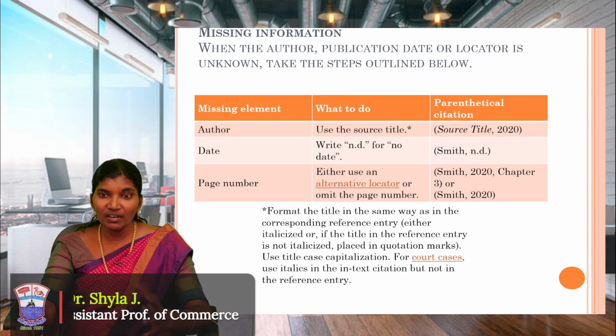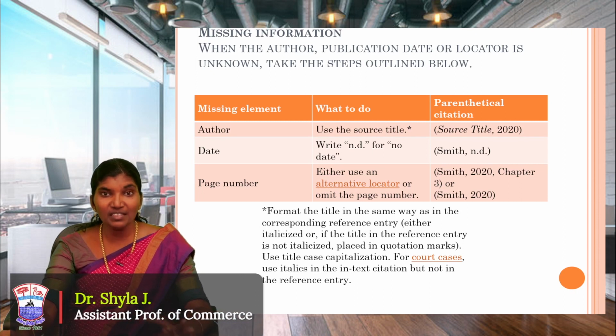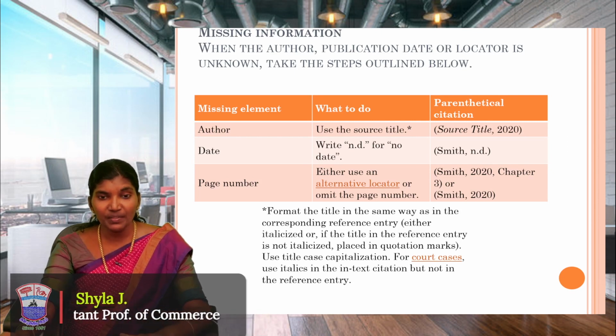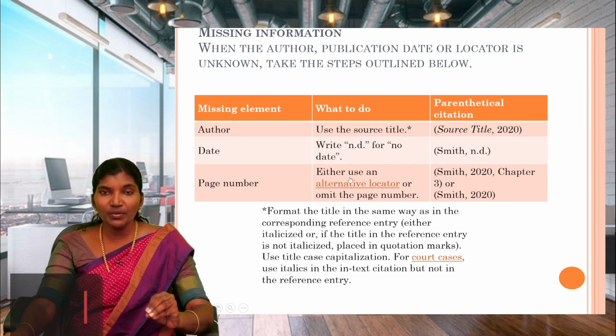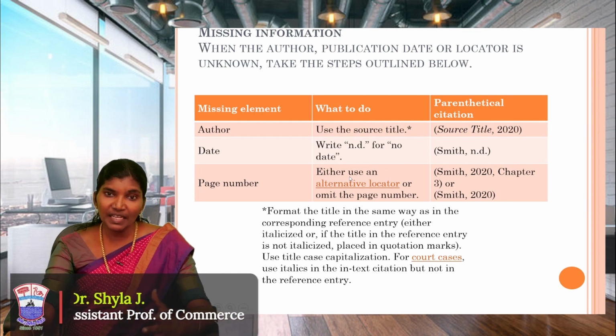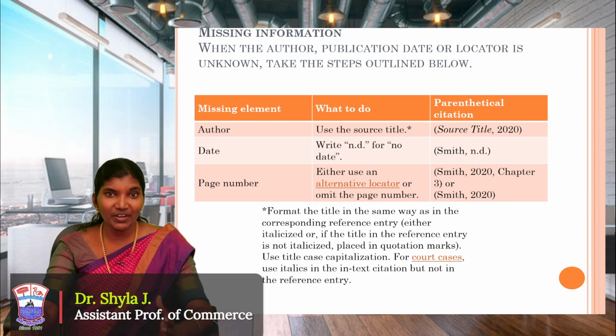And if you are not aware of the date of that information, then you mention ND, that is no date. If you know the author's name, then author's name and ND, which specifies no date. And in case you don't know the page numbers, either use an alternative locator or omit the page number.